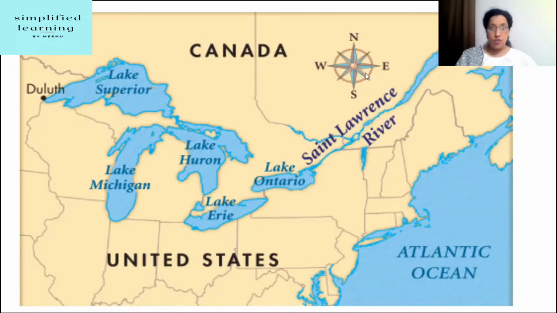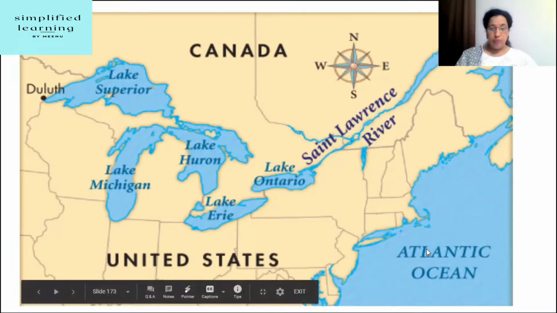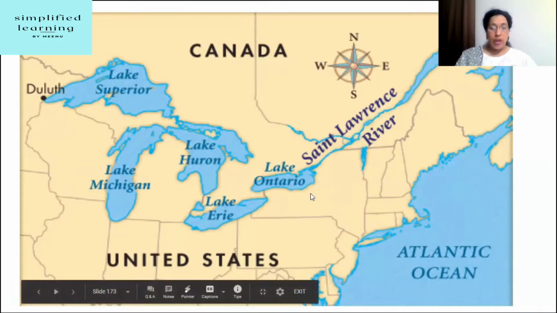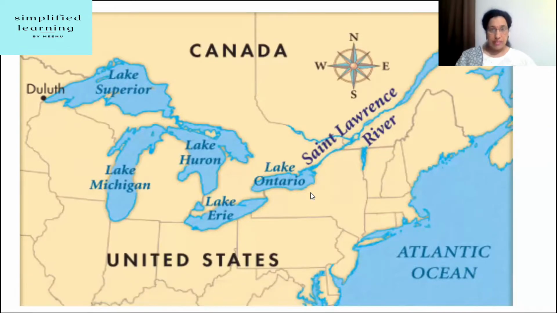So the St. Lawrence River is the most important inland waterway in the world as it connects the lakes to the Atlantic Ocean, providing routes for ocean-going vessels.